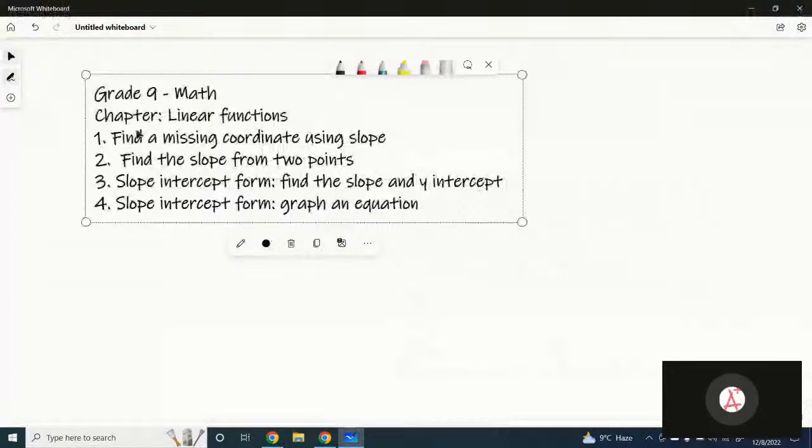The lessons are find a missing coordinate using slope, find the slope from 2 points, slope intercept form, find the slope and y-intercept, slope intercept form, graph and equation. You have 5 minutes. If you have any question, any problem, please write the question in the chat box. I'll answer all your questions.